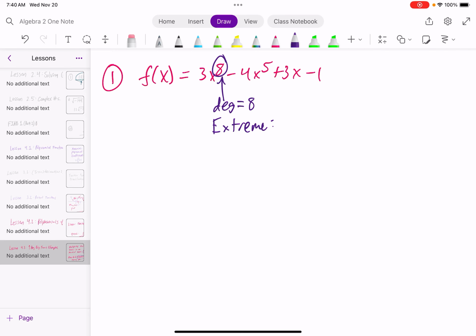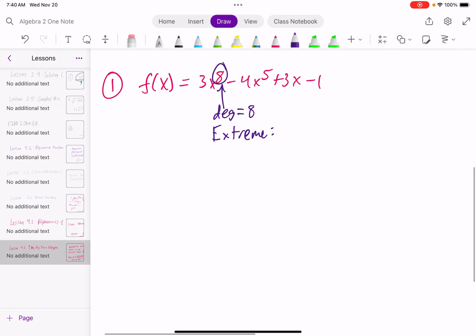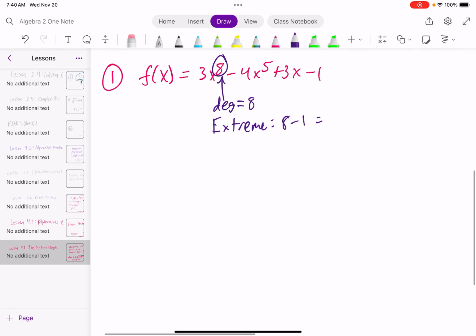So how many extreme points do I have? Well, let's look back at our notes. Extreme points are degree minus 1. So it is 8 minus 1, which is 7. But it could have less. It could have 7, 5, 3, 1.